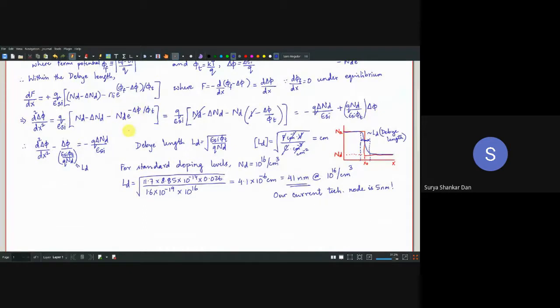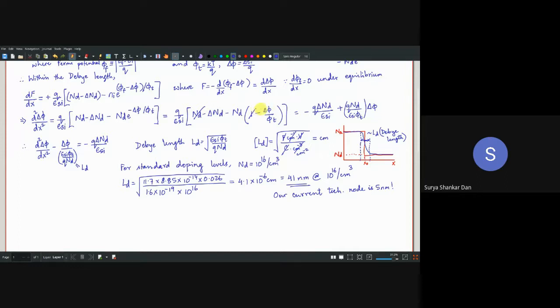Now what we shall do is a Taylor's expansion of this, or simply expand e to the power of minus theta. Let us take only the first two terms.